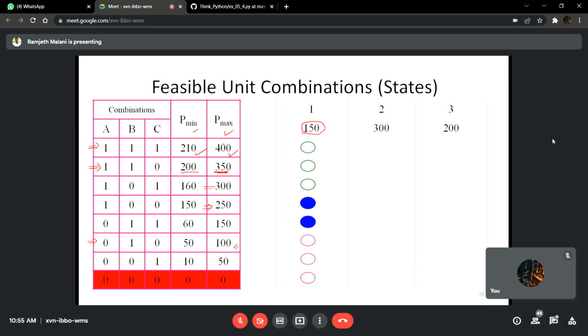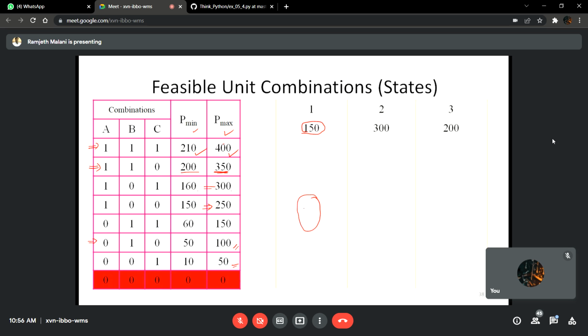This combination is also not feasible, and this combination will always be not feasible. So we have only these two combinations feasible. These two are the feasible states.